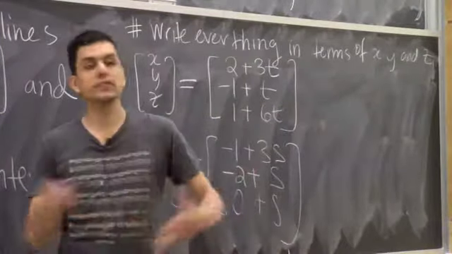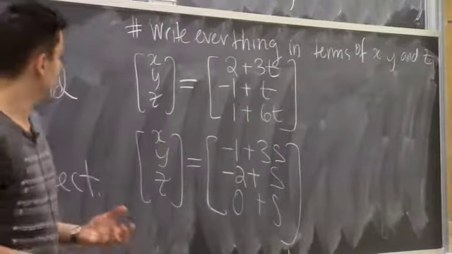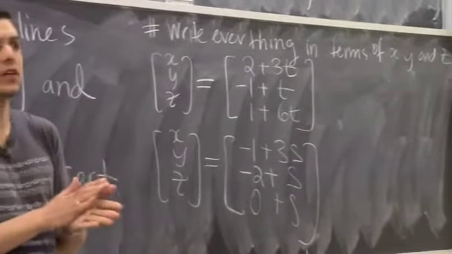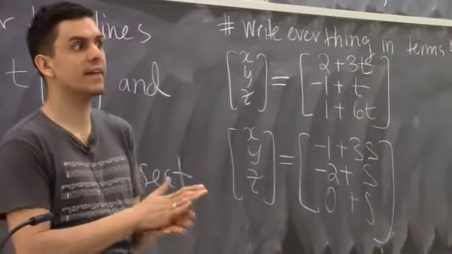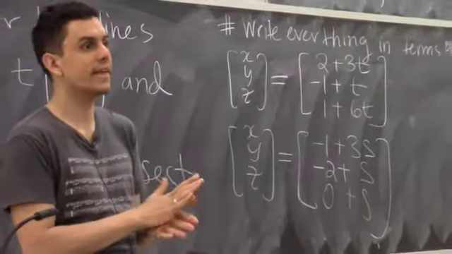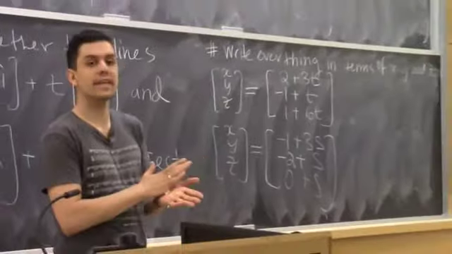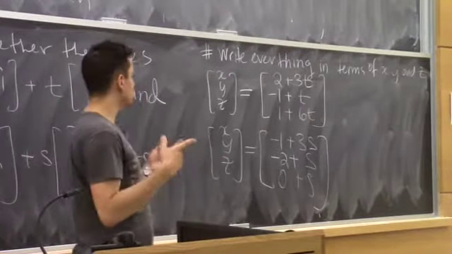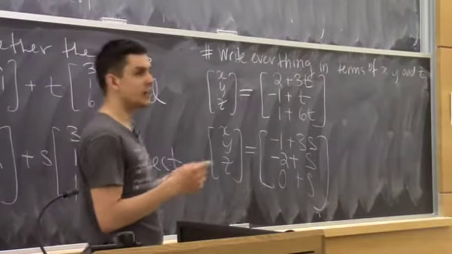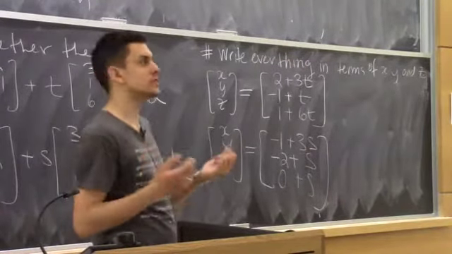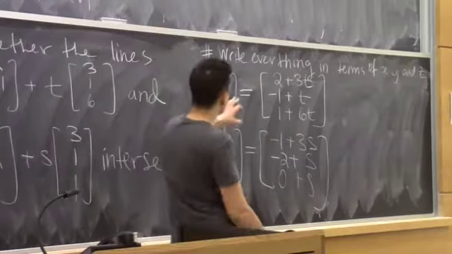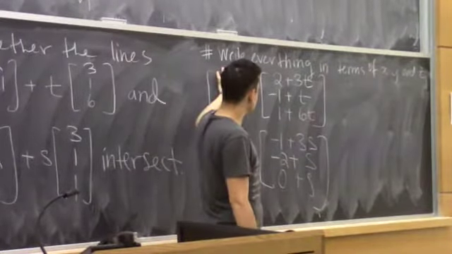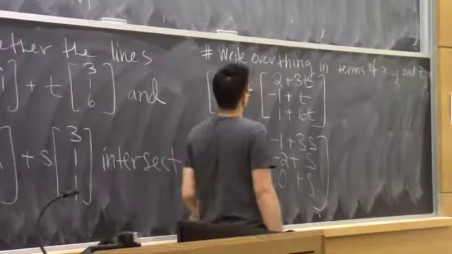Now we've got some other stuff that x, y, z would be equal to. So how do we determine whether these intersect or not? Right, we want to see if we can get the same output for x, y, z from both equations. We want to see if we can get this one to equal this one, the outputs for t to equal the outputs for s.